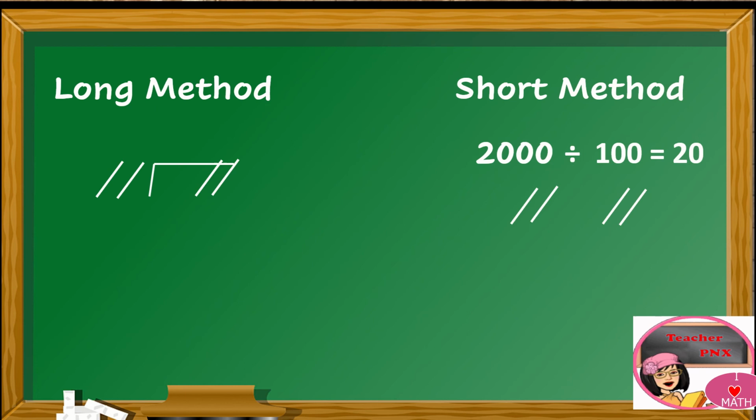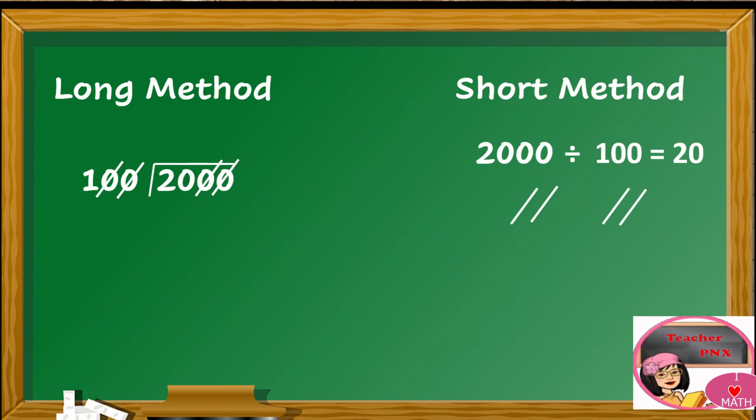For 2,000 divided by 100. If I have 2,000 divided by 100, dalawang 0 meron ang divisor, kaya sa dividend, we will also cancel 2 zeros.